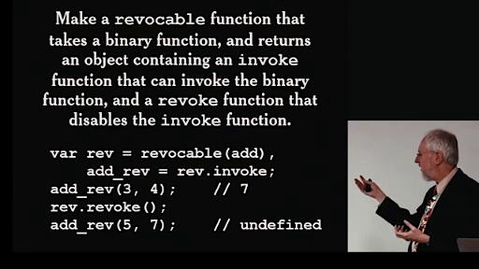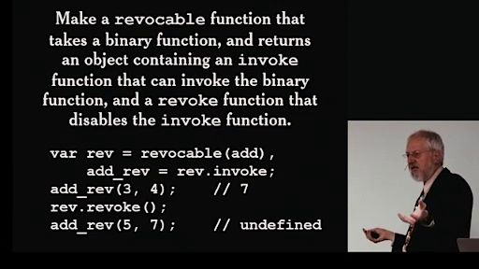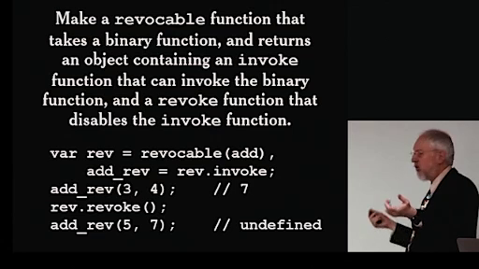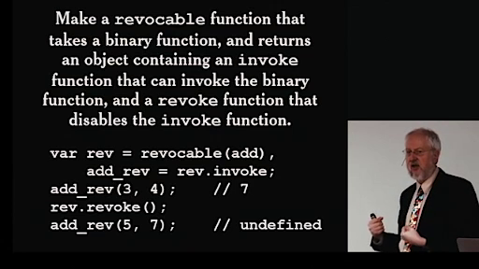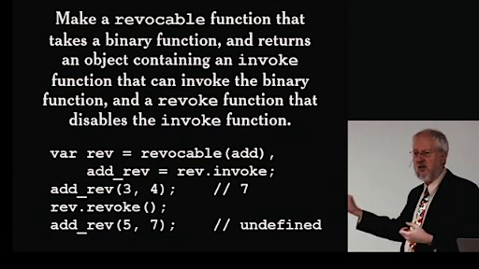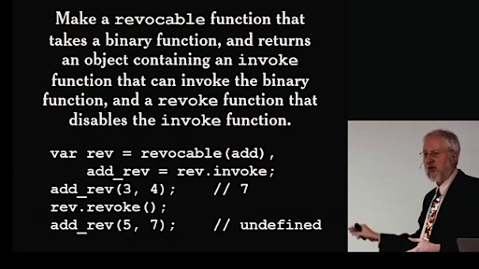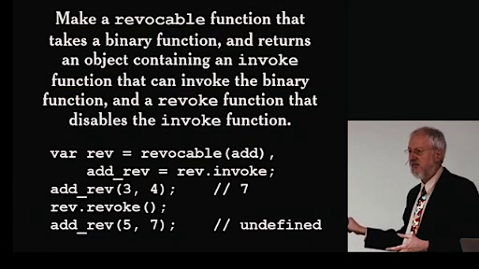One of them will be the invoke function, which is the revocable add function, and we can give that function to the third party, but we will hold on to the revoke function for ourselves. And so the revocable add function will work just like add until we call the revoke function. At that point, all it does is return undefined. Everybody clear?